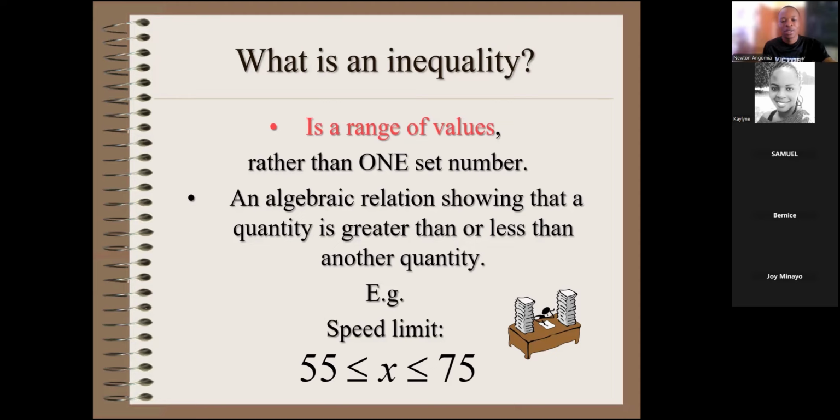That's why I've used less than or equal to 75. So 55 is less than or equal to x, and also x is less than or equal to 75. We shall understand that more. This is just an example to take you back to the meanings you looked at in grade 7.